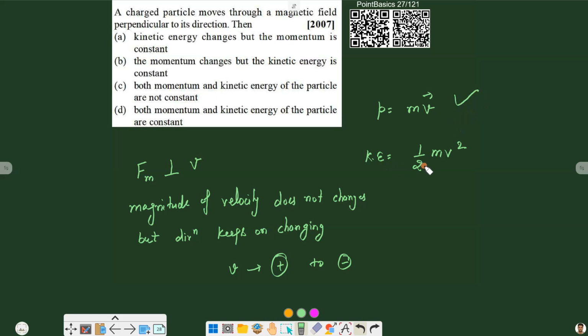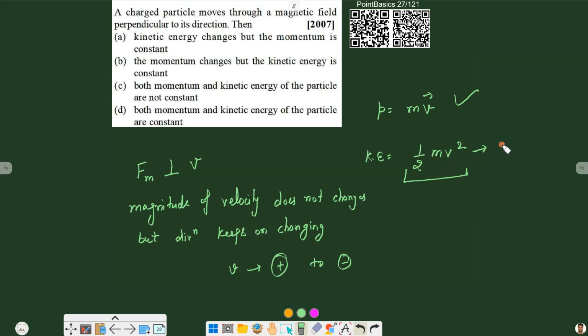But from the formula of kinetic energy, we know that here we have v square. So even if velocity becomes negative, the square term will remove the effect of the negative sign. So in short, as we have square terms in the kinetic energy, change in direction does not matter in kinetic energy.